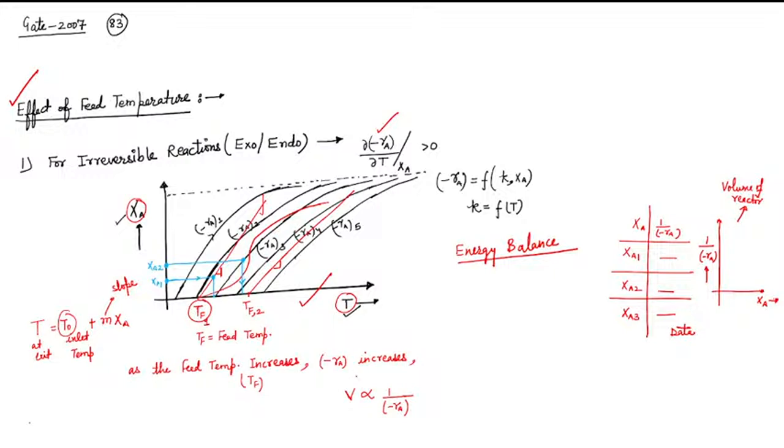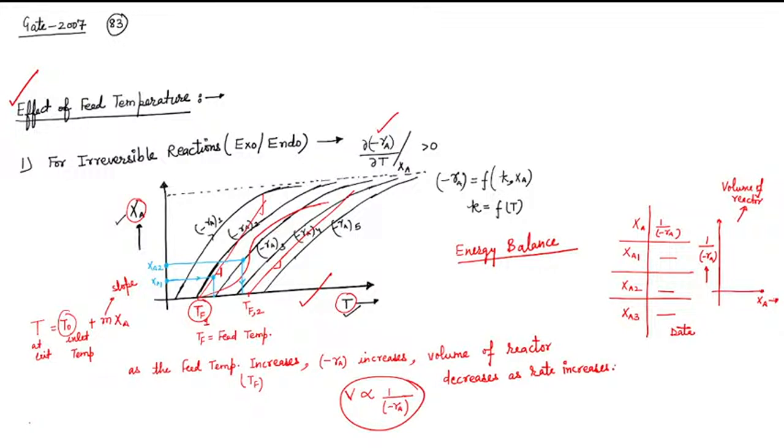The rate increases, so the volume, which is inversely proportional to the rate, decreases. The volume of the reactor decreases as the rate increases.